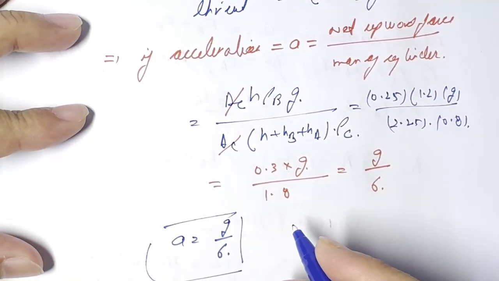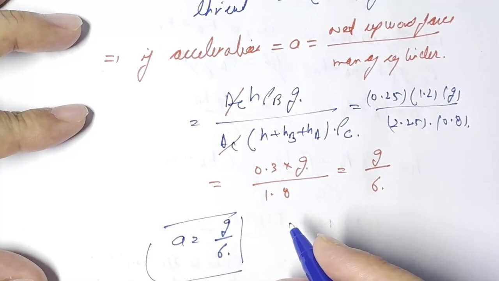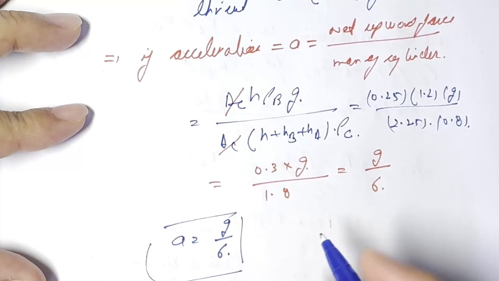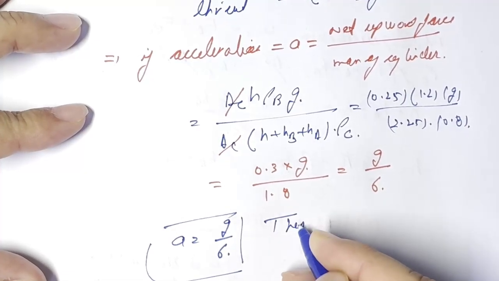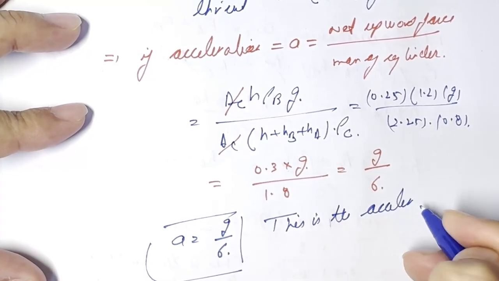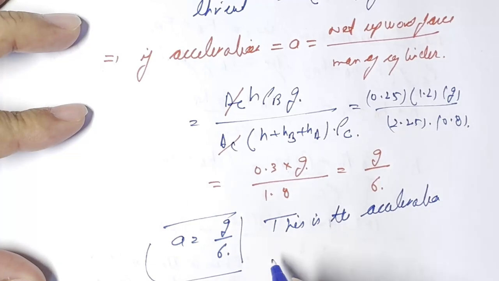This is the acceleration of the cylinder immediately after it is released, and the unit will be centimeter per second square.